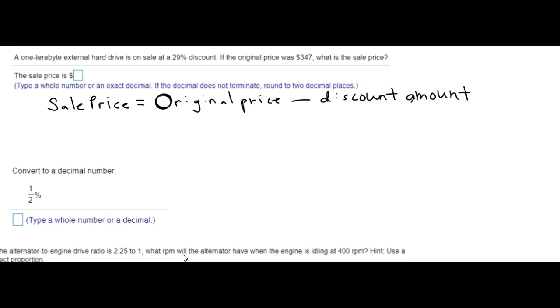I'm distinguishing amount from percentage. And then they tell us that the discount is 29% off. So you're going to take 0.29 times the original, and that's going to give you your discount amount. 0.29 times 347 is $100.63.